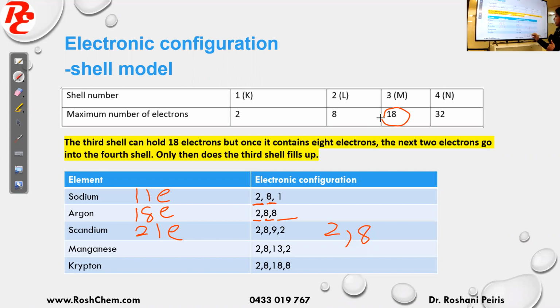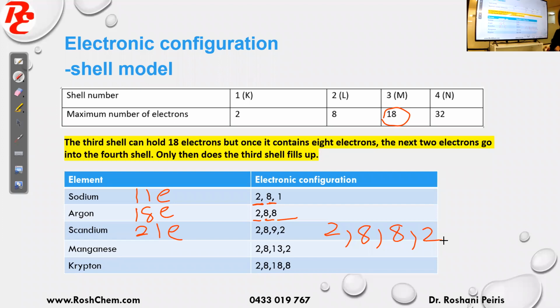According to this, scandium is 21. So 2, 8, 8, that's 18 electrons, right? Now if the third shell has 8, I put the next 2 electrons into the fourth energy level. So now you have 2, 8, 8, 2, which means 20 electrons.